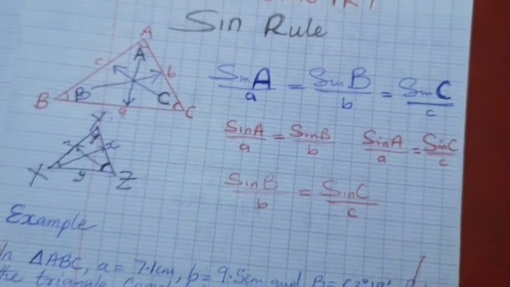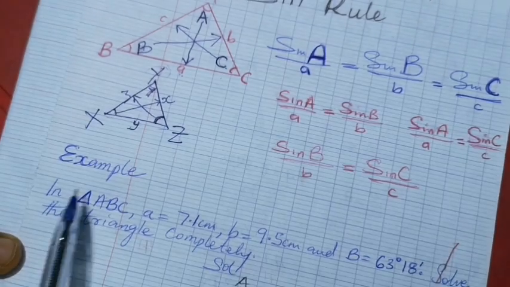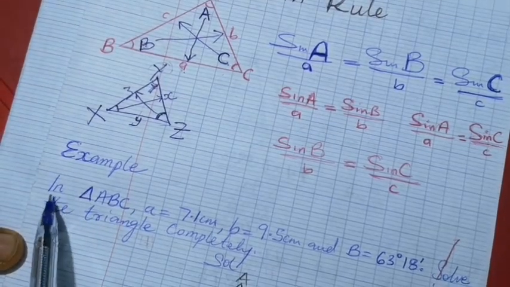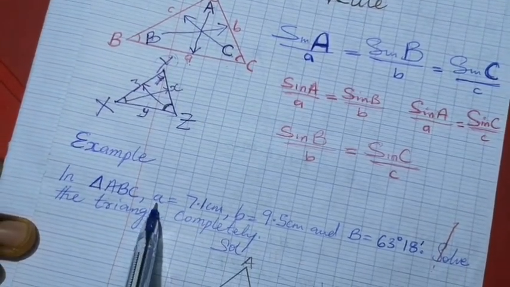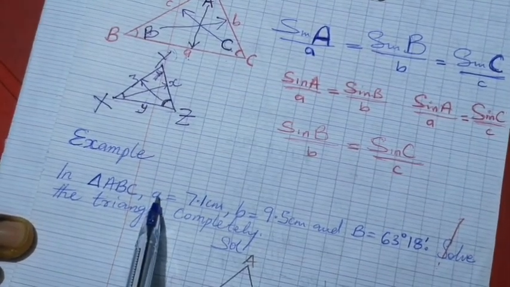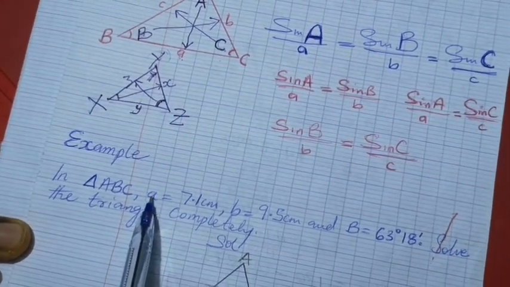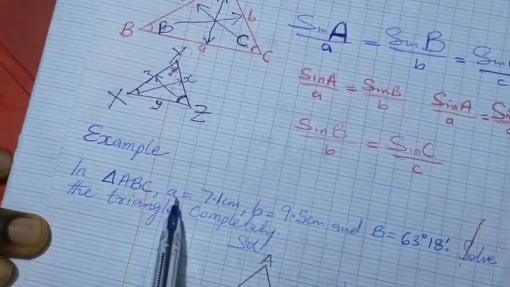Now let's see how we use it in solving problems. So we have an example here in triangle ABC. Side a, I call this side a because it is a small letter. So we normally use small letters to represent sides in a triangle.